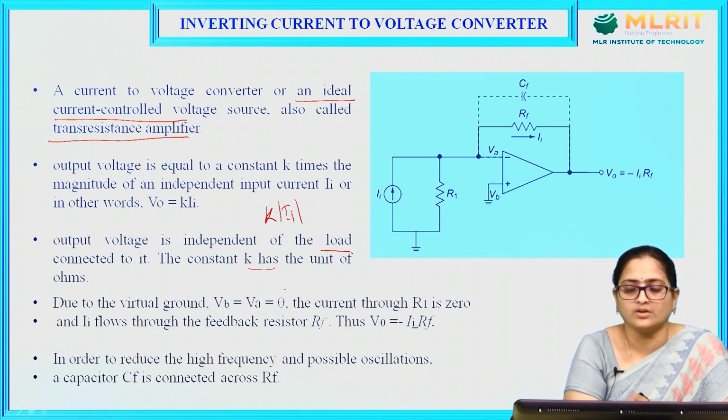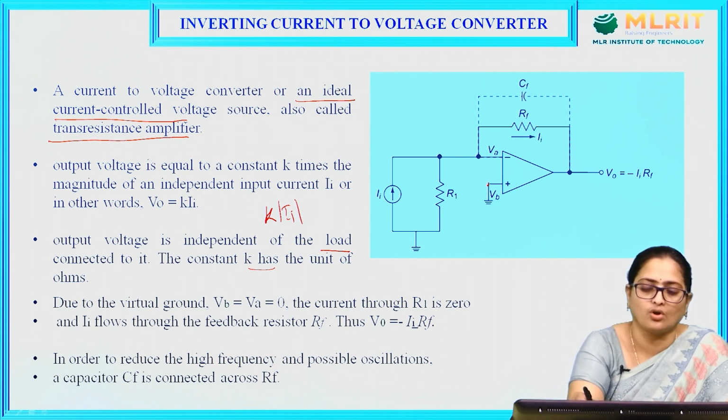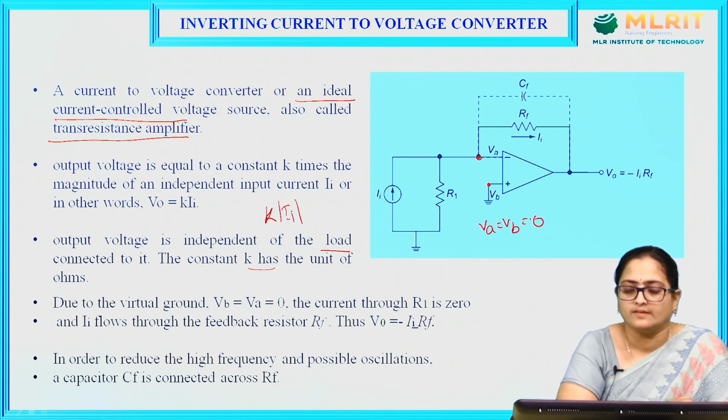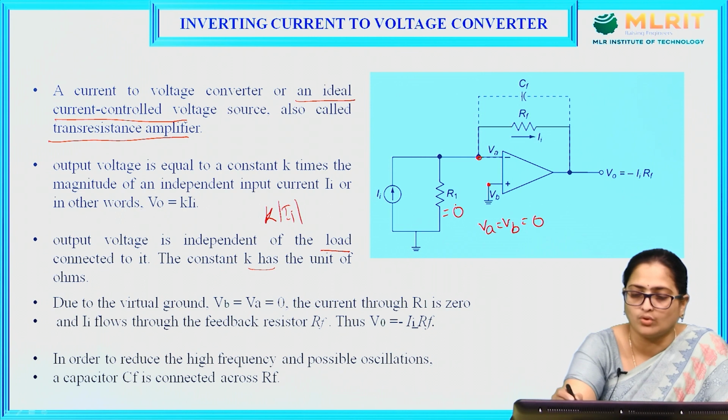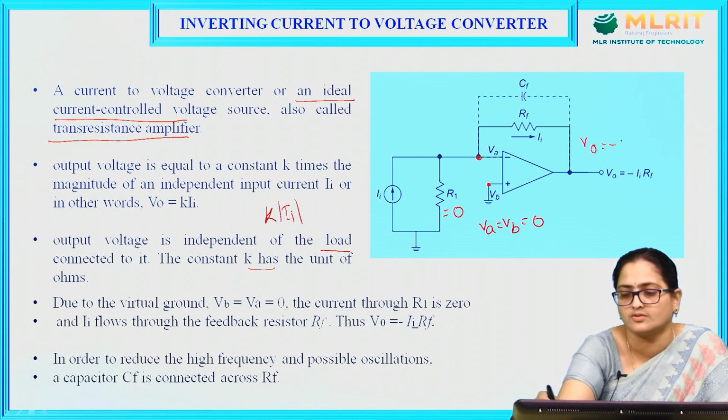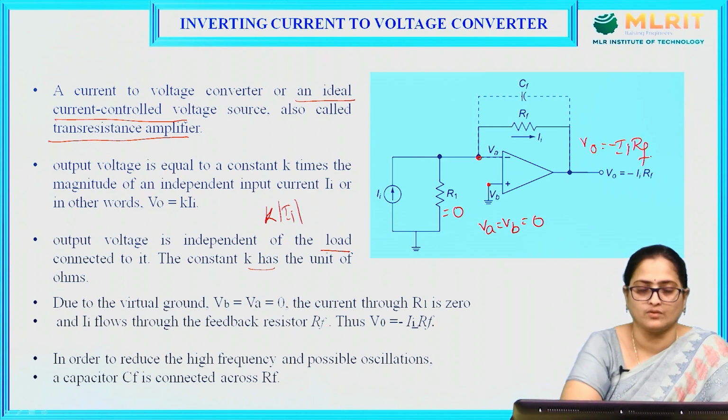Due to the virtual ground concept, the voltage at VA will be equal to VB, which is equal to 0. The current through R1 will be equal to 0 and II flows through the feedback RF, so V naught is equal to minus II into RF.